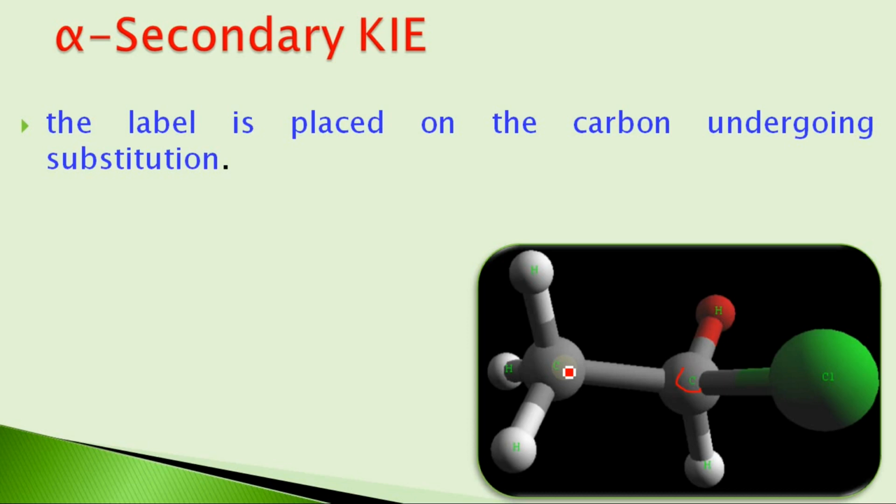We have discussed it in detail that alpha secondary KIE is observed normal when hybridization changes from sp3 to sp2, and inverse alpha secondary KIE is observed when hybridization of the reactant is sp2 and that of the transition state is sp3. This lecture is also available on YouTube, and interested students can refer to it.